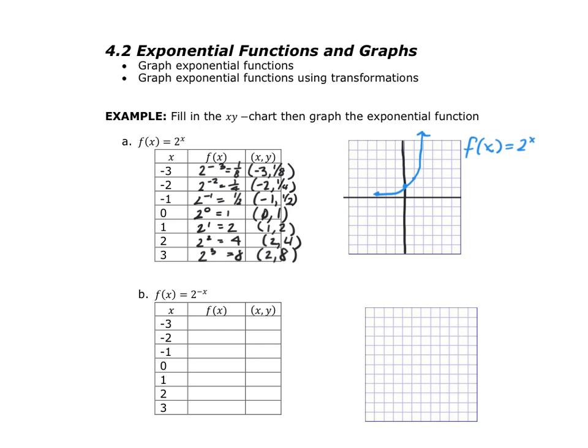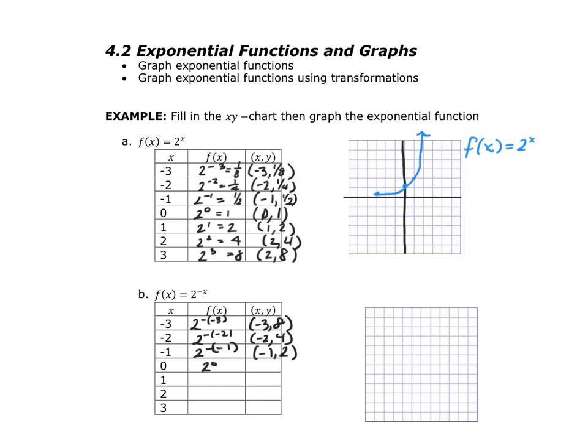Now, if we take a look at b, we're going to do the same kind of thing, but now it's going to be 2 raised to the negative x. So 2 raised to the negative 3 is in other words 2 to the third. So this is negative 3 and 8 comes out. 2 raised to the negative 2: negative 2 comes in, 4 comes out. 2 to the negative 1: negative 1 gives me negative 1 comma 2.